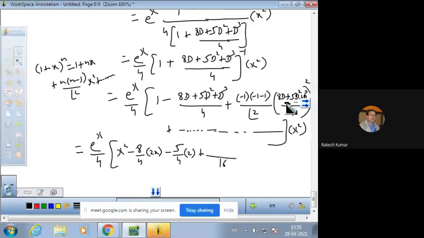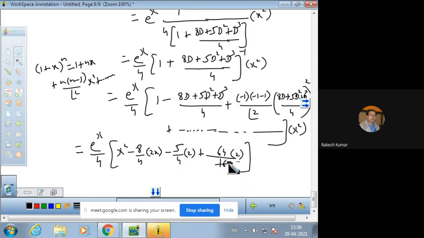8 is in the numerator. Sorry, 8 square. 8 square is 64, and d square means double order derivative of x square, that comes out to be 2, and d square whole square will be d power 4, and all the terms will involve d cube, d4 term, and d cube means third order derivative भी 0 होगा, fourth order derivative भी 0 होगा.